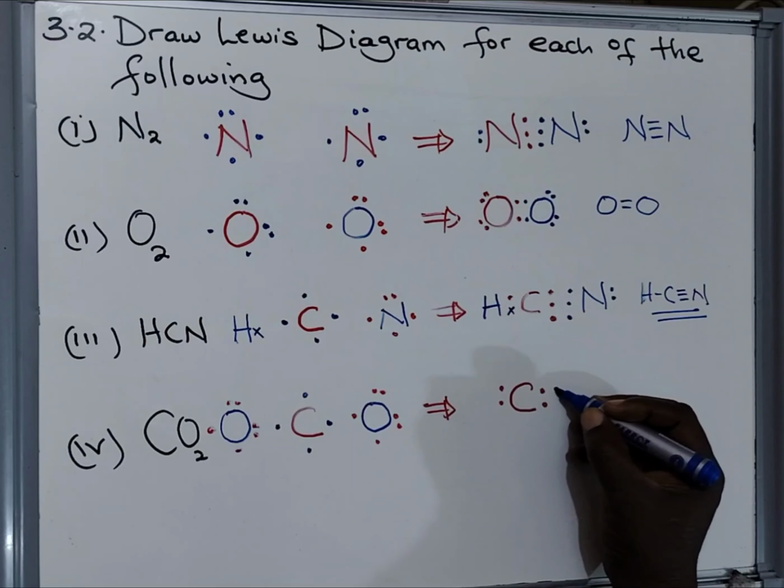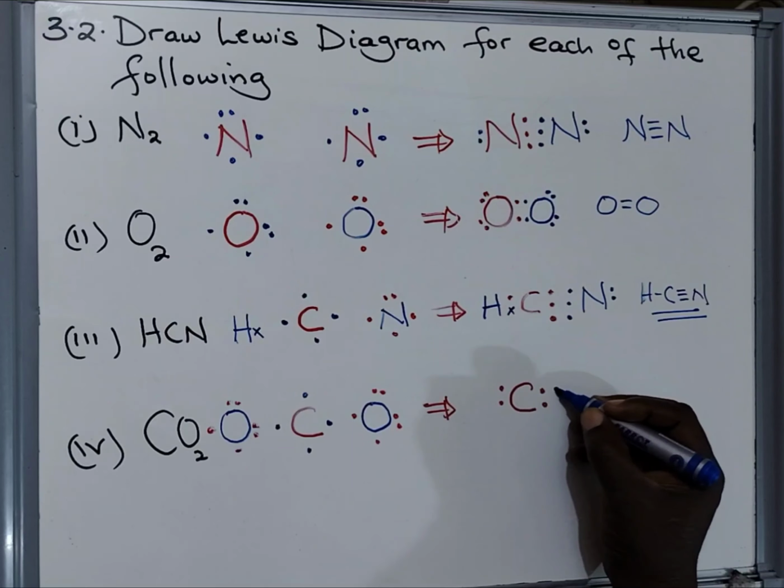And also here, it brings 2 unpaired, and like that. But you have to remember that oxygen has 2 lone pairs, so you have to indicate them. This is 1, 2, 1, 2. This is 1, 2, 1, 2.